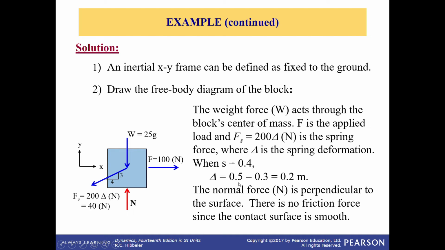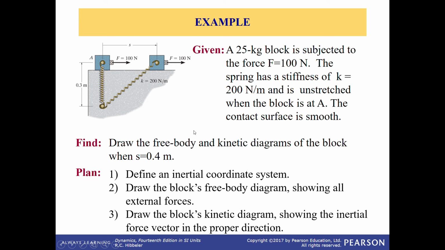Where do you get 0.5 here? When we refer back to this diagram, this is 0.3, while this is 0.4 because they mentioned 0.4. If we calculate using the Pythagorean theorem, we have 4, 3, and this one will be 5, so this is going to be 0.5.